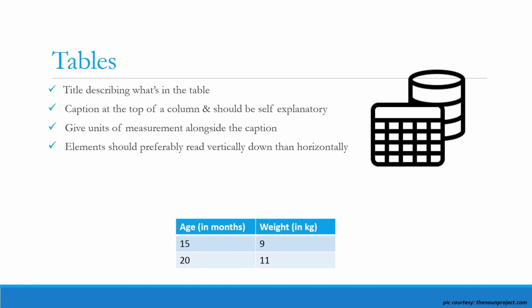All the elements of the table should preferably read vertically rather than horizontally. Do not present the same data in both tabular and textual forms. Residents are very tempted to, because they want to increase the number of pages in their thesis and in their paper. So they tend to present the same thing in both tabular and textual form, which is wrong. You may consider adding a footnote if you want to.